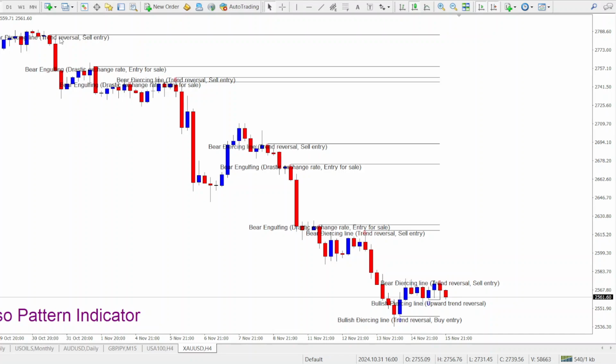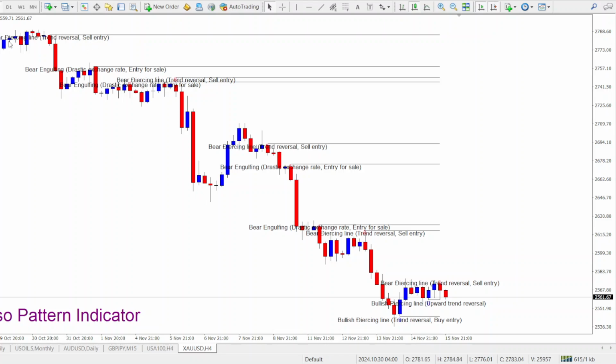In addition, the indicator also identified that moment as a sell opportunity. So this indicator not only tells you the candlestick pattern that forms, it also tells you what that pattern means and when to enter the trade. It says that it is a good time to enter a sell.